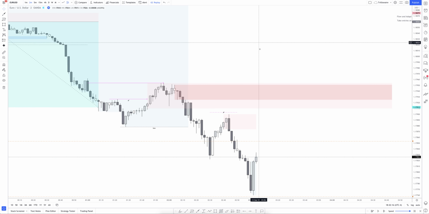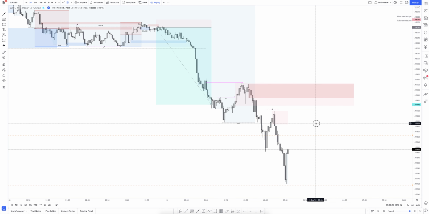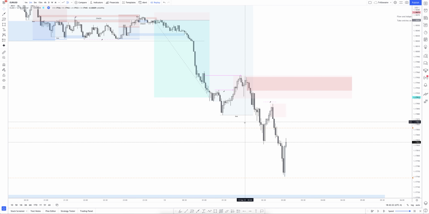So we have a mitigation, we have a liquidity grab or liquidity sweep, and then we can see that price breaks structure to the downside. We fail some type of demand here. We do get a reaction to that demand in this area here.